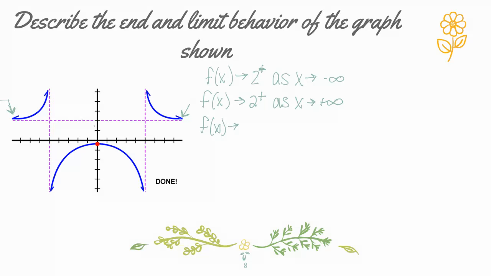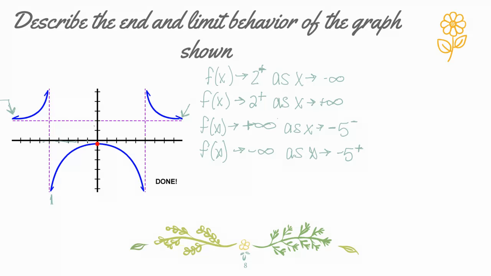I have one asymptote at -5, and the graph is going up to positive infinity as I near that -5 asymptote from the left. The graph on the right of the asymptote is going down to negative infinity as I get close to that asymptote from the right, so -5 plus.